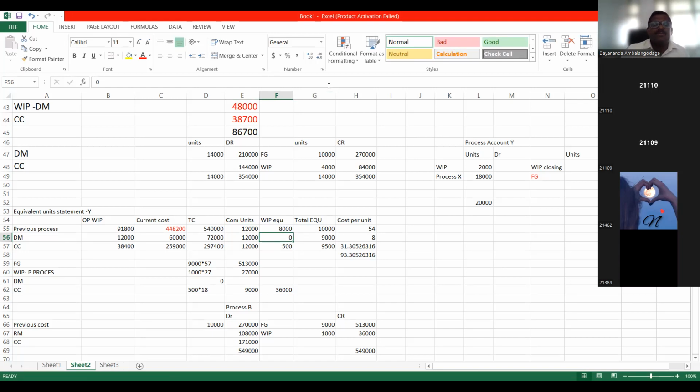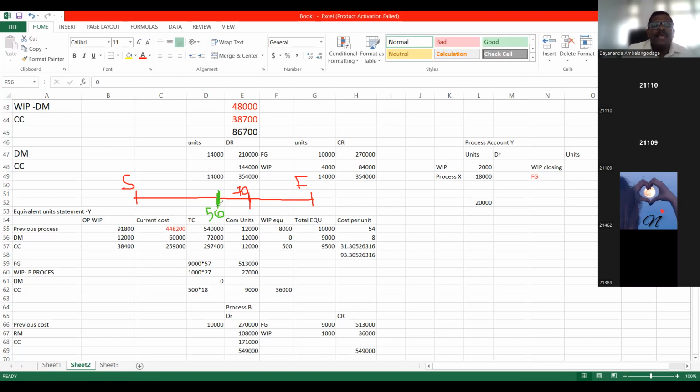Again, you have to understand this timeline. You have the starting and finishing point. Remember, the material is being added when 70% is completed. Just find out where your work in progress is. Work in progress is at the 50% completed stage, somewhere here, not yet reached 70%. So what is your conclusion? Material being added or not added?